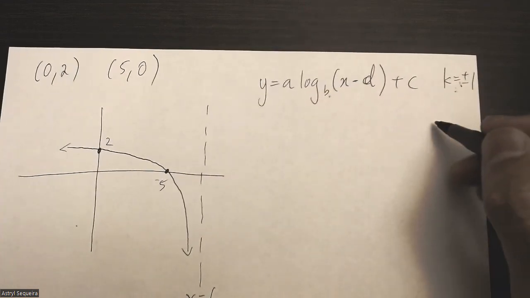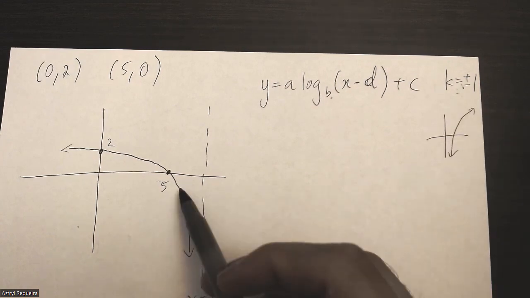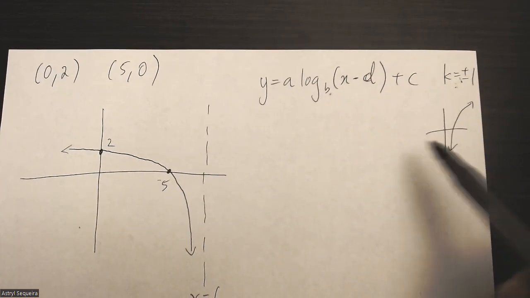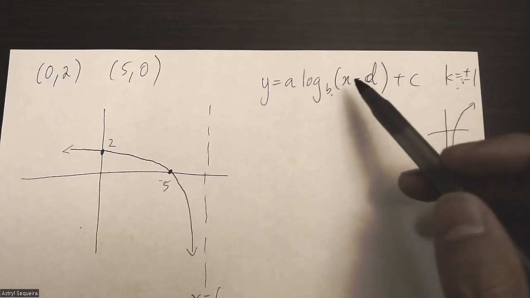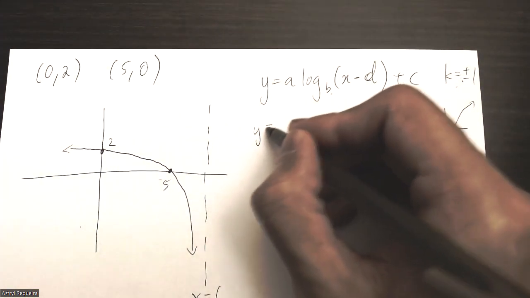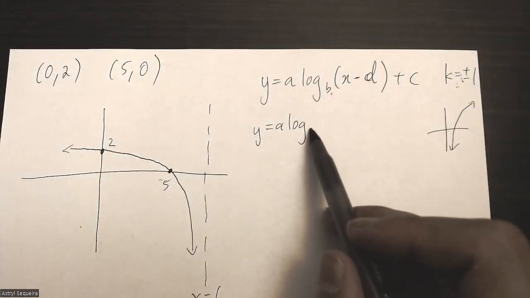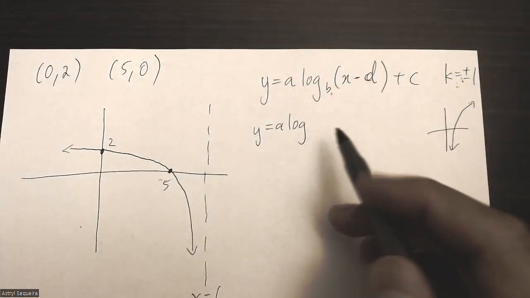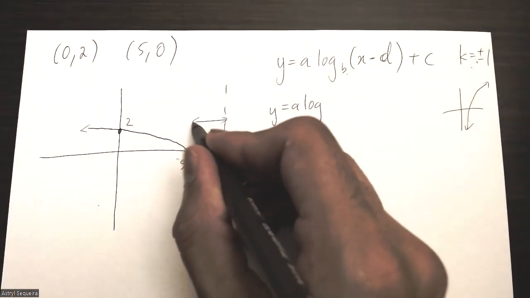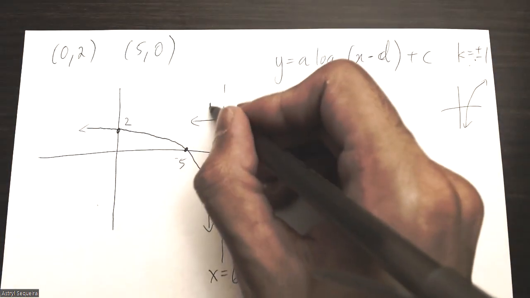I know an original log function looks like this, which means this log function here is going to be reflected in the y-axis because it looks like this. My k is going to be -1 for this equation. So y equals a log. The first thing I'll figure out before anything else is the base. To find the base, I'm going to look at the distances from my asymptote to my first point, which is 1.